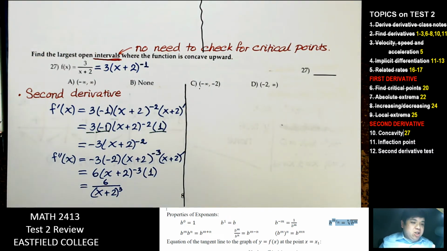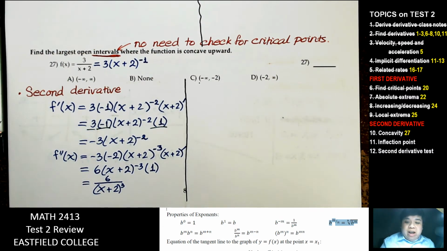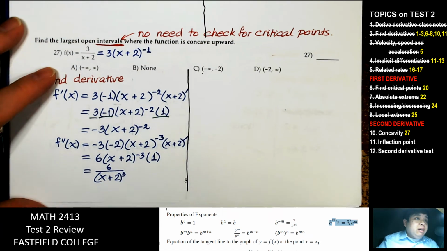If we ask for the maximum, minimum, critical points, inflection points, pretty much anything that has the y values in it, we need to check. Here, just the interval of x, so we don't need to check for y values. Right.